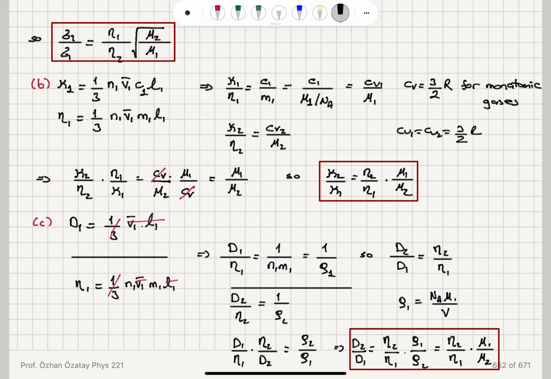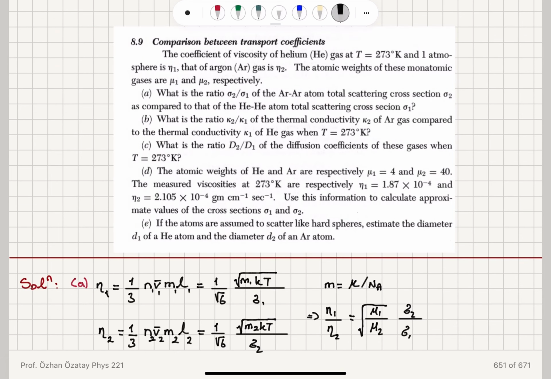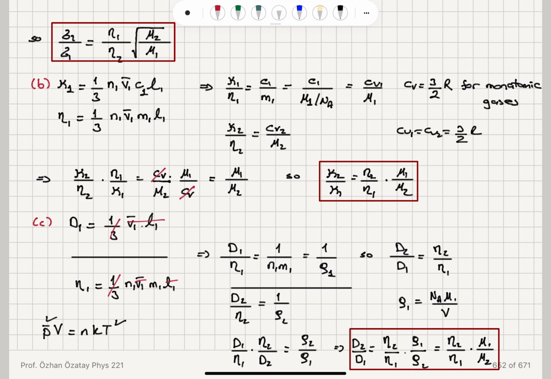Now, the number of moles in these two gases are equal because we have the ideal gas law, P V is equal to nKT. The temperature is the same, the pressure is the same. So we have 273 Kelvin and 1 atmosphere. So you can see that if the volumes are the same, then the number of moles will be the same.